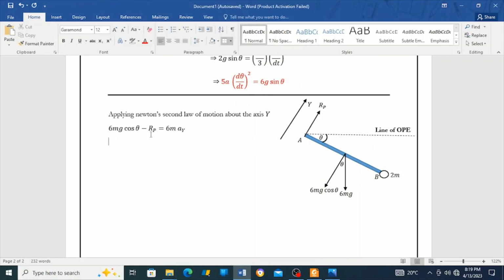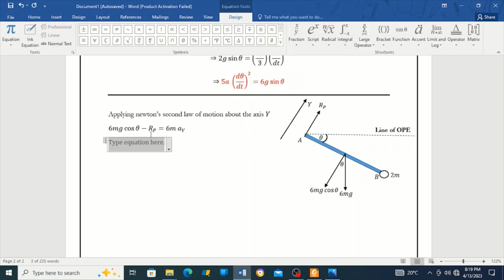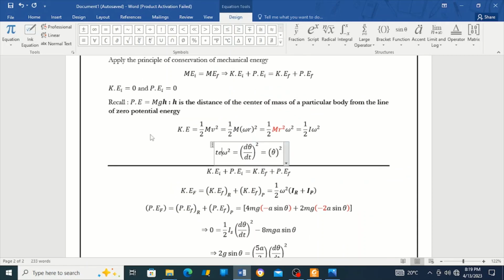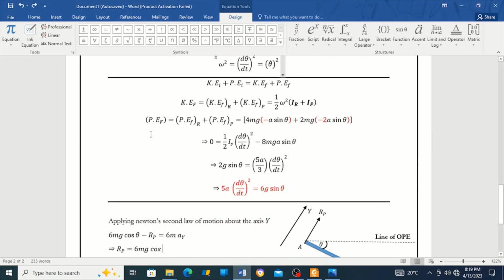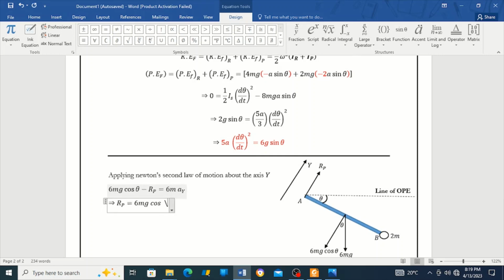But what is the acceleration in that direction? We are going to have our Rp, because that's what we are looking for, the component of the reaction force perpendicular to the axis. So Rp is equal to 6mg cos theta minus 6m times ay.